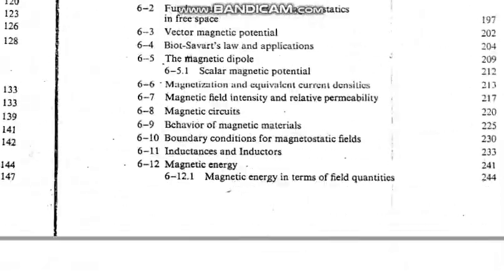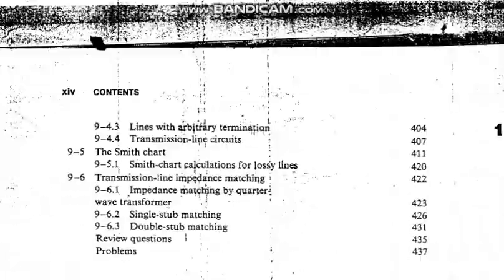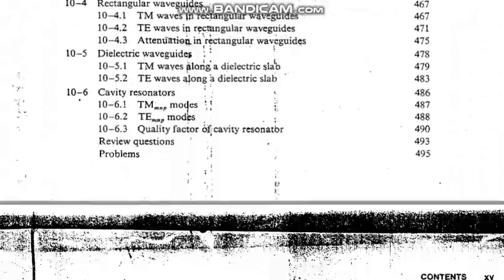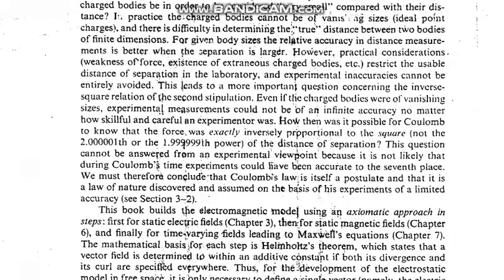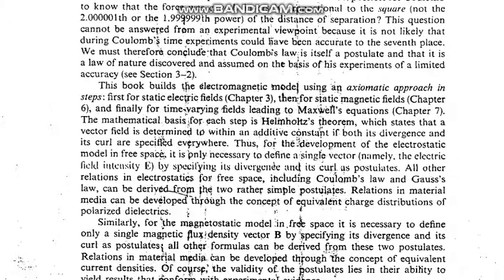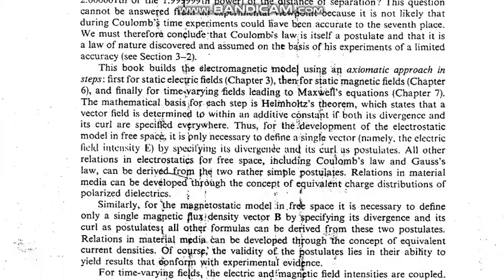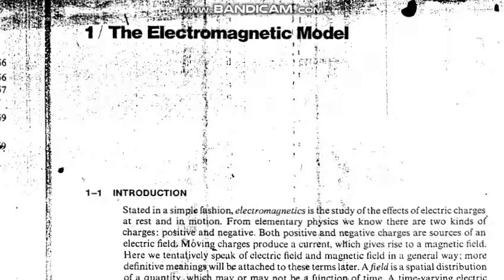So first of all, we will go through the first chapter of this book to understand the introductory and fundamental parts of electromagnetics. First, we have to know what the electromagnetic model is.